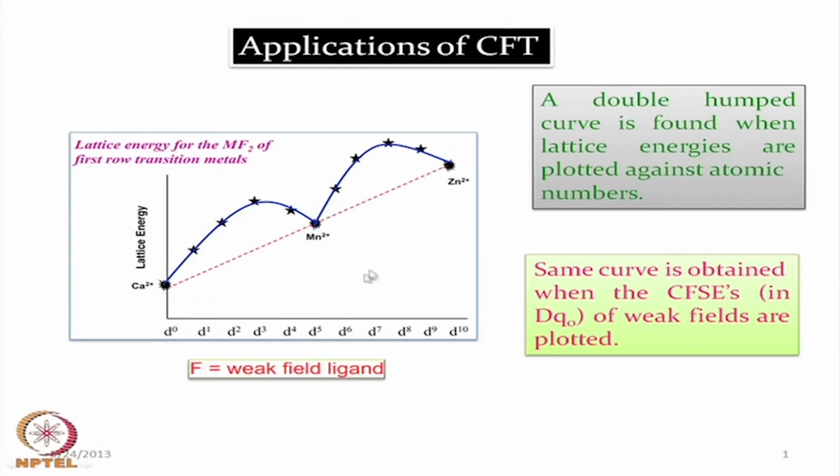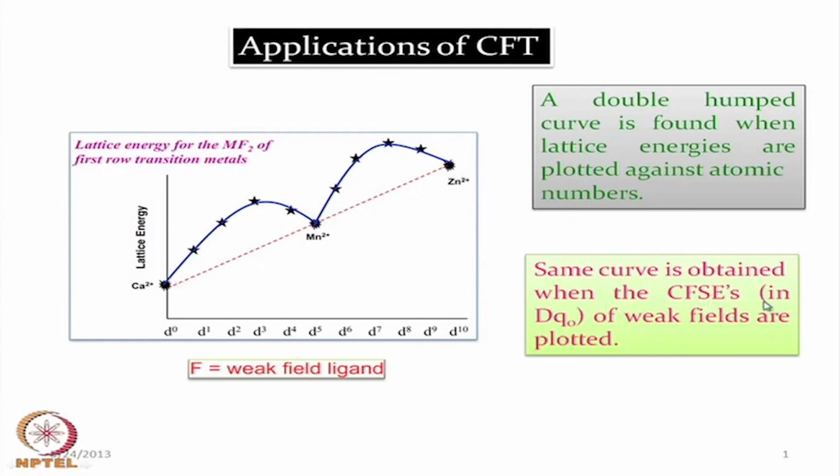So, whatever amount of lattice energy contribution we are getting for the entire solid structure, this particular part, which is above this red dotted line, that means the double humped curve, we can also get, since we have the calculations in our hand for all the d electron configurations.